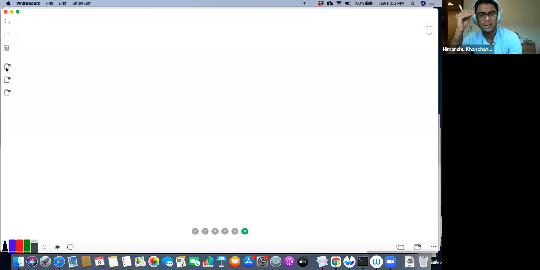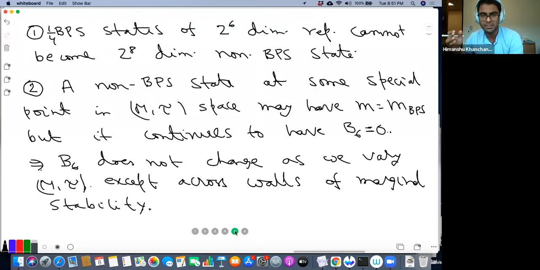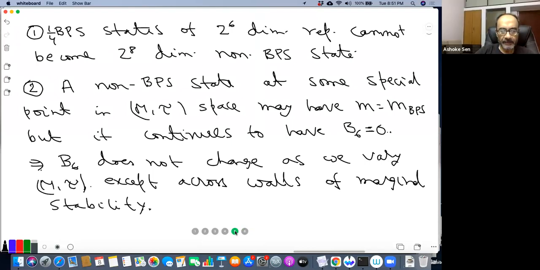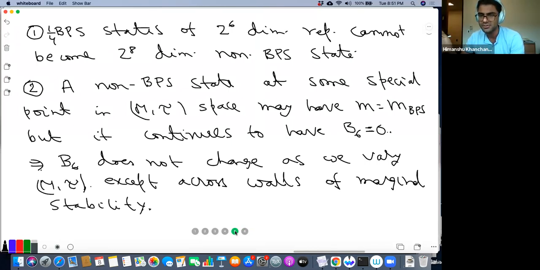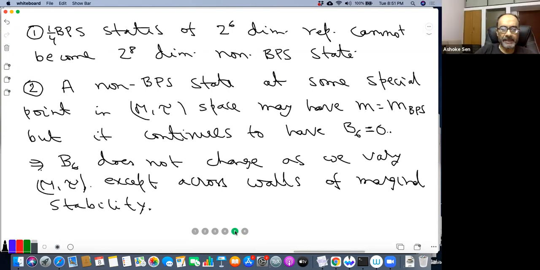Sorry, can I ask something? Yes, please. B6 for quarter BPS states just measures the number of fermionic minus bosonic states, right? The difference. That's right. So are you saying that as we change M tau, the fermionic states don't become bosonic states? Is that what the claim is? Yeah, because that will require the spin spectrum to change discontinuously. What can happen is that the fermionic states and bosonic states can combine and become non-BPS. And at a generic point in the moduli space, that's what will happen.